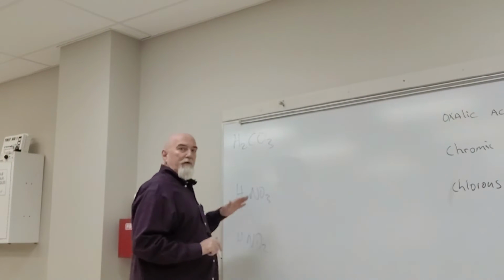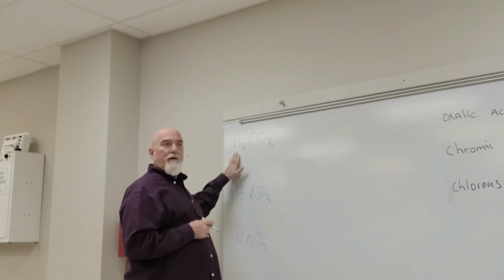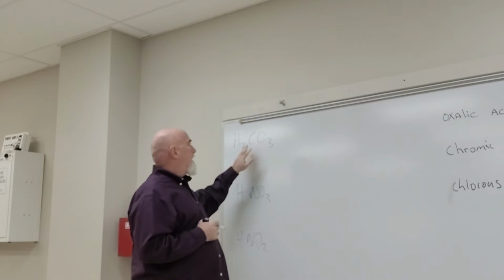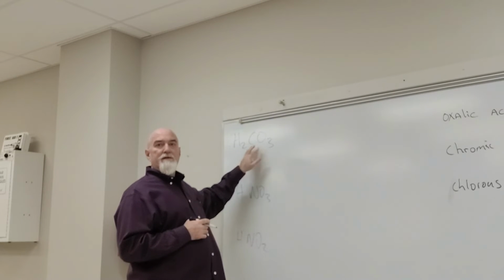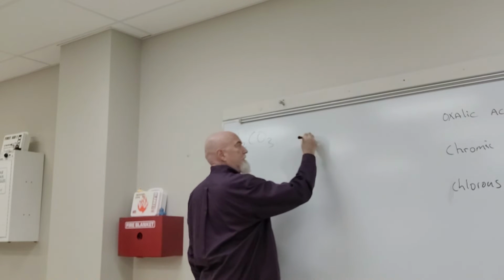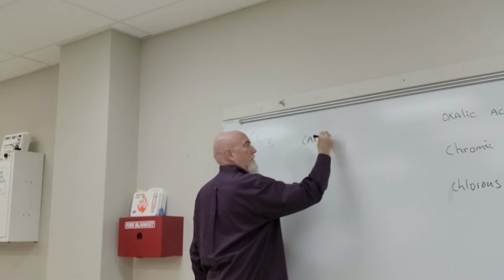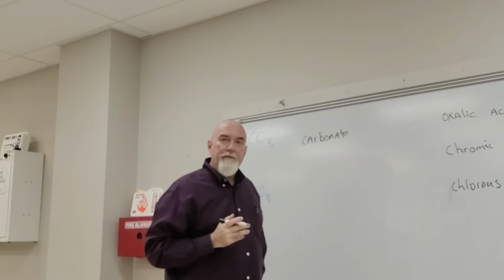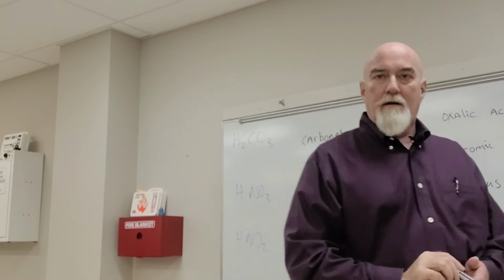Okay. So when you see the formula starts with hydrogen, I know it's going to be an acid. You've got to figure out what CO3 is. When you look that up, you'll see that it is carbonate. So our root anion there is carbonate.